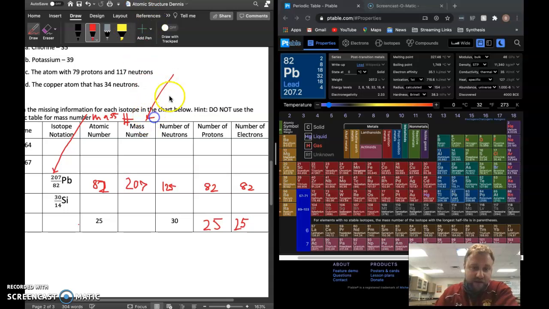Your protons and your electrons are both equal to the atomic number. So to figure out my mass number, I'm just going to add my neutrons plus my protons. So 30 plus 25 is going to give me 55, right? So I haven't even looked at the periodic table.